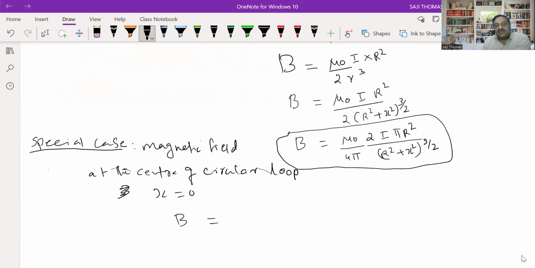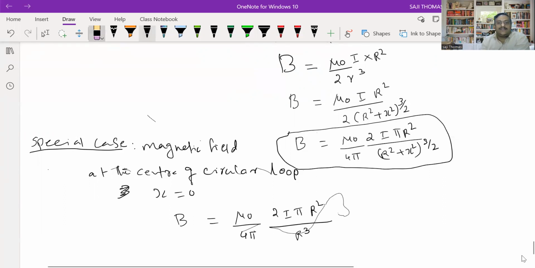Put x is 0. Mu 0 by 4 pi, 2 I pi r square divided by, with x 0, you get r cube. So now rearrange it.